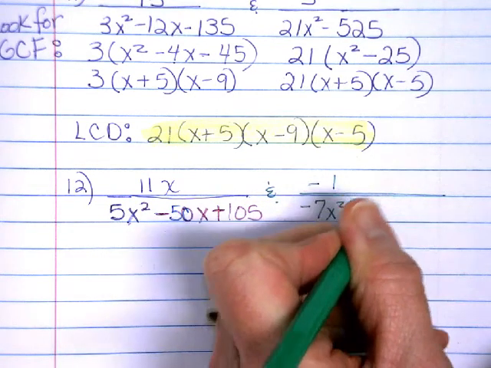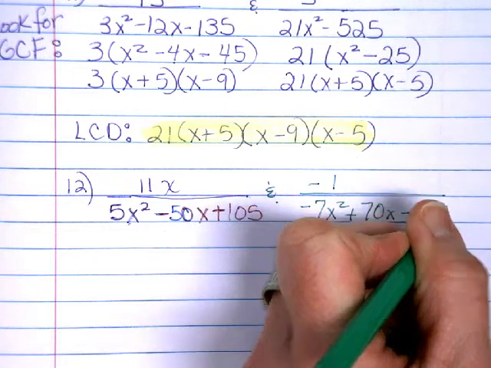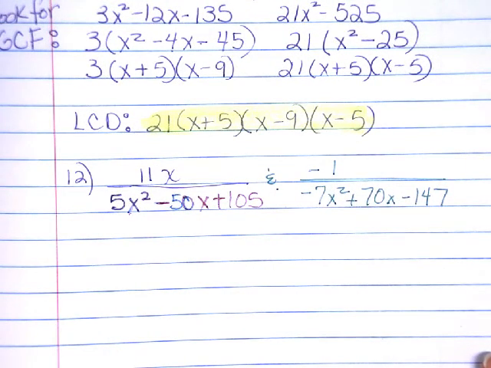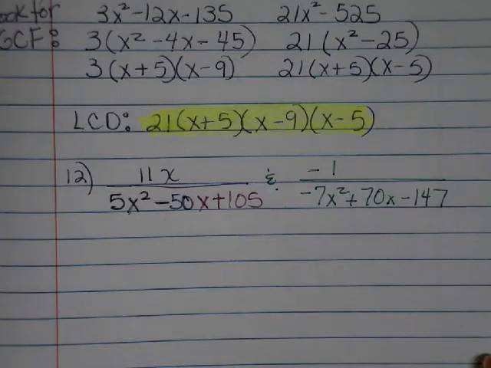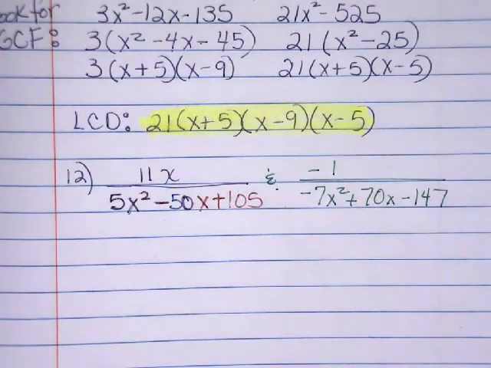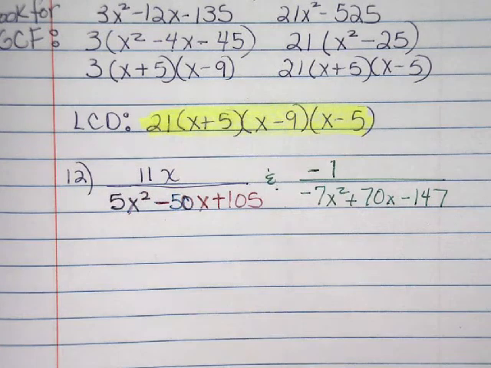And negative 7x squared plus 70x minus 147. That's pretty. That's still not very good, is it? If I make it so it isn't so shiny. Better. A little bit. That yellow kind of makes it crazy.